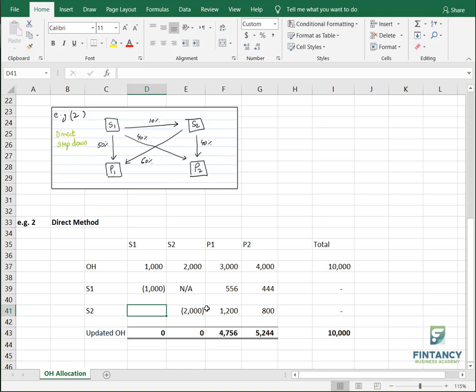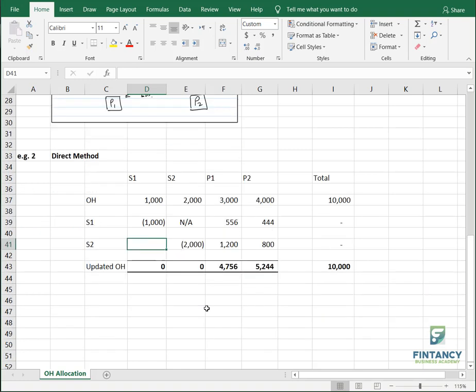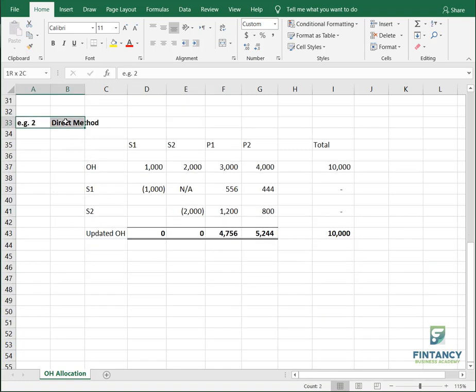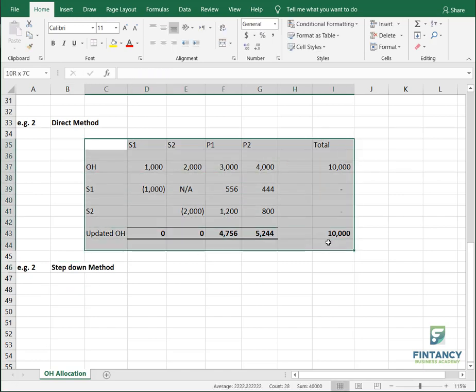So let's start the indirect method by using example number 2. Oh, sorry, not indirect method, the step down method. Okay. Now, what is step down method? You will understand it once I draw this again.